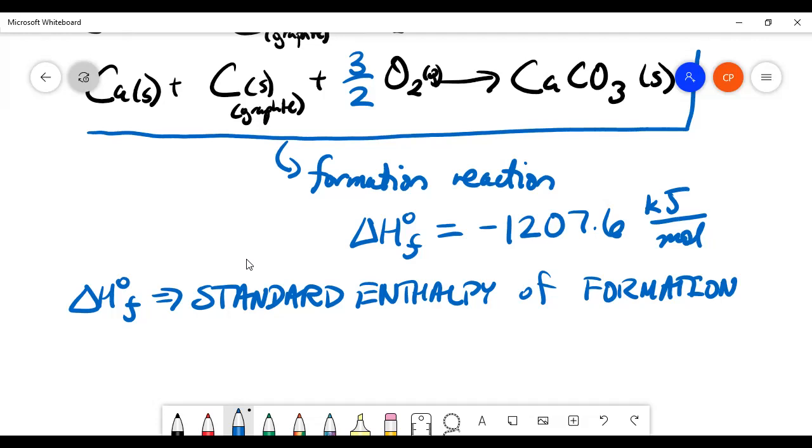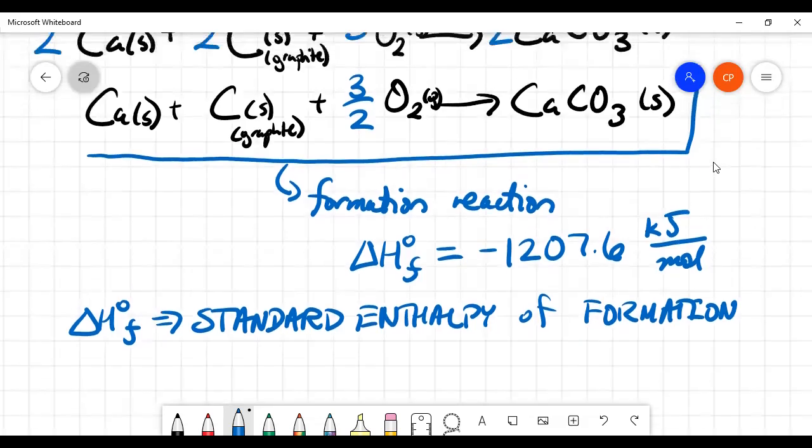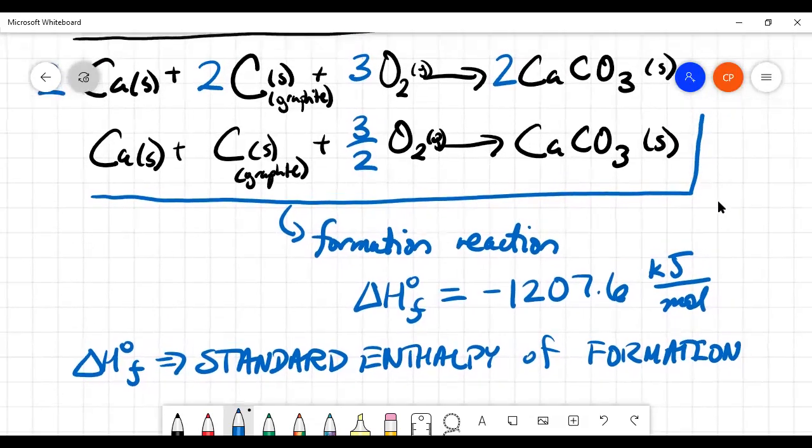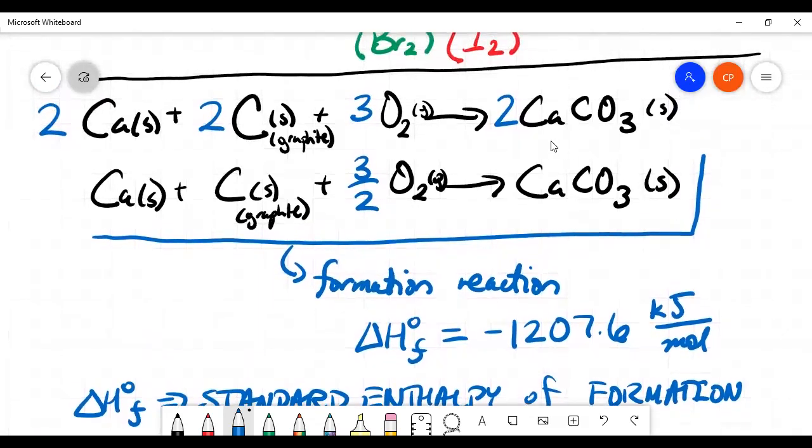And per mole is why we want to have this equation balanced, so we have a coefficient of calcium carbonate that's the implied 1. If we had the balance of the 2 calcium carbonates up here, we wouldn't be able to describe this in terms of kilojoules per mole. We'd have 2 moles here, and we'd have to double this number to talk about the heat energy that's released.